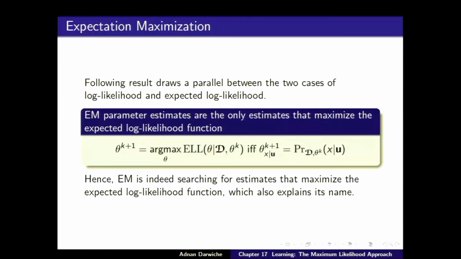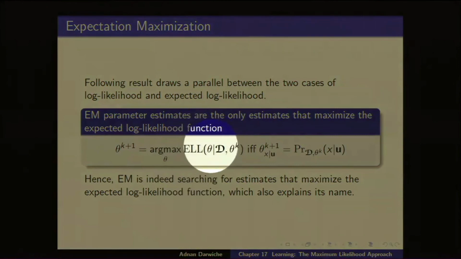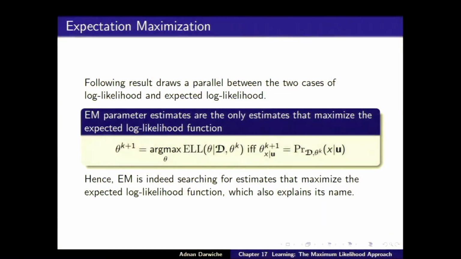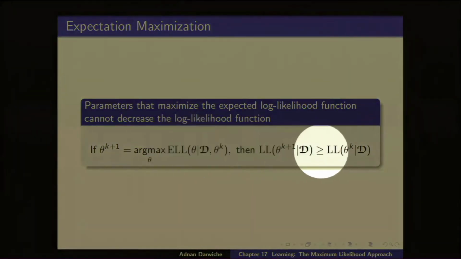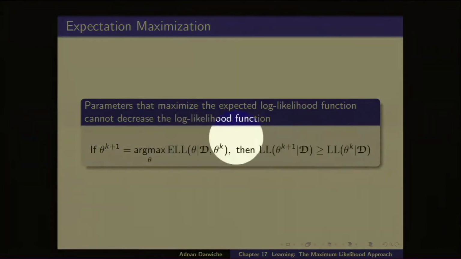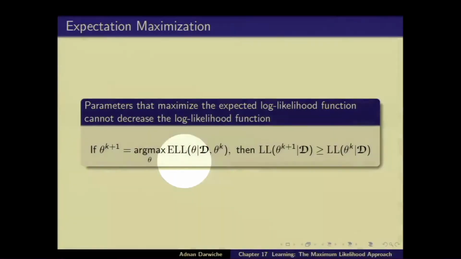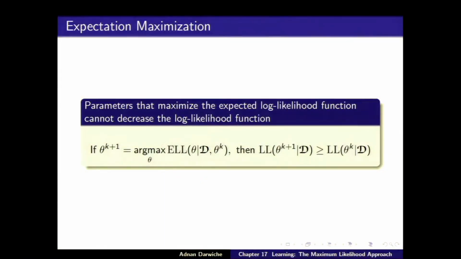And then you can see also why you get that guarantee that in every iteration things cannot get worse. Because if you're actually optimizing the expected log likelihood, then basically you can't do worse. That's where this guarantee is coming from. It's because you're doing this, right? So that's, as I said, digging even one level deeper into what's going on.